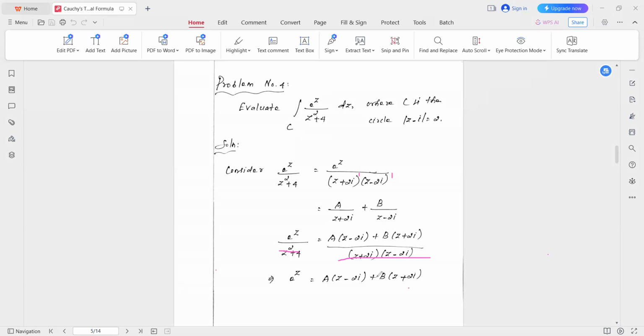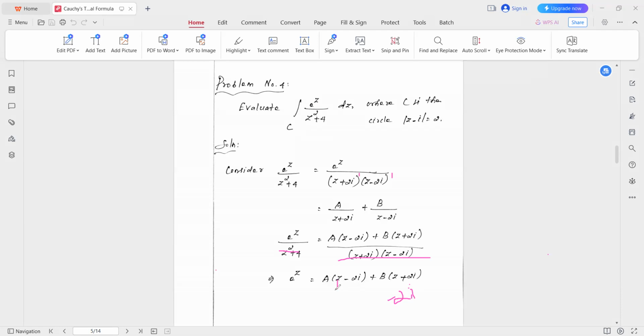In order to find the value of A, we have to omit B. How can we omit B? If we substitute z as minus 2i, then z plus 2i will become 0, so B will vanish. In order to find the value of B, we have to omit the other part.